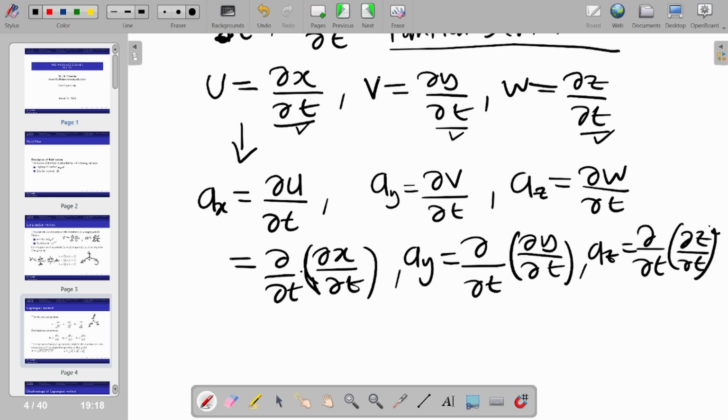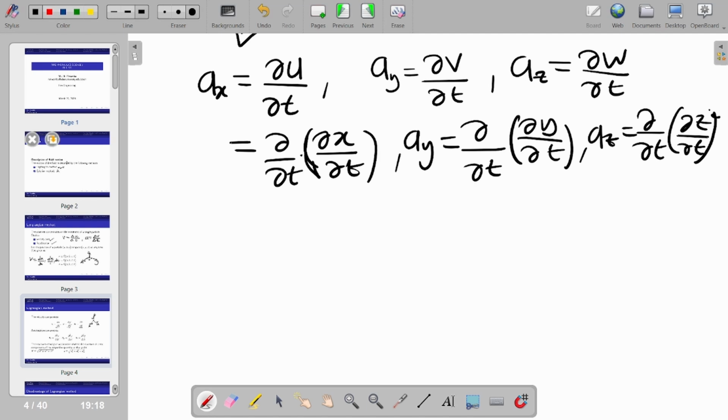Okay, so for the first one, our acceleration along the x-axis will be given by this. Let's evaluate this part here. We're going to get two of these partial derivatives with this x over here.